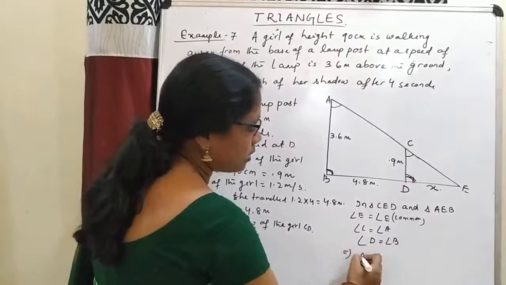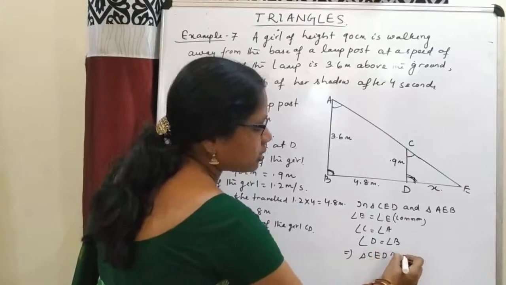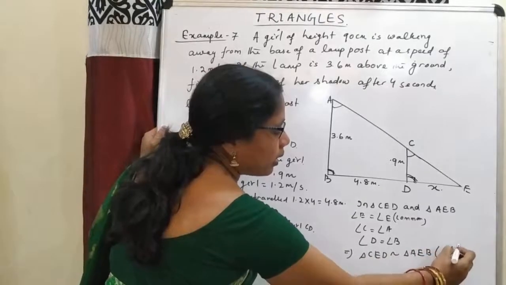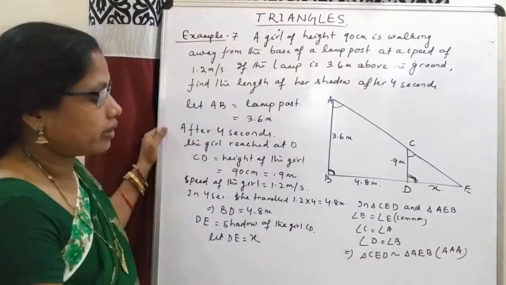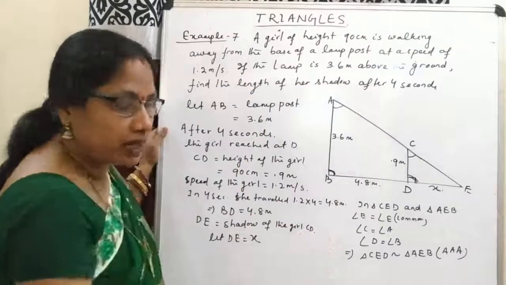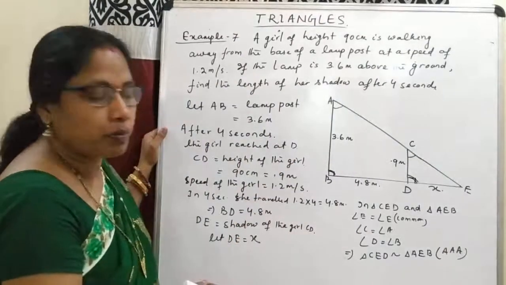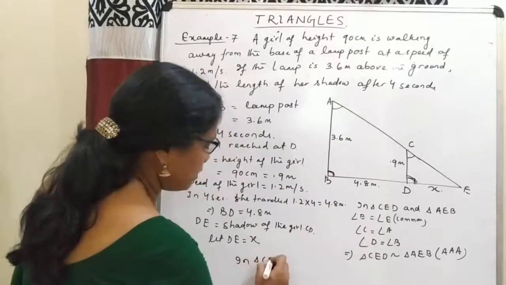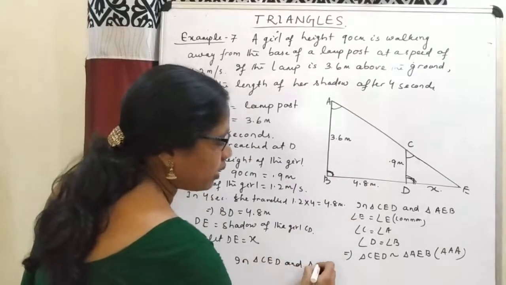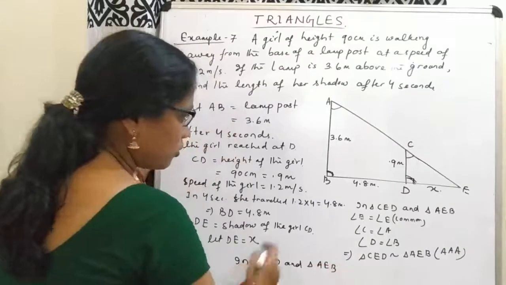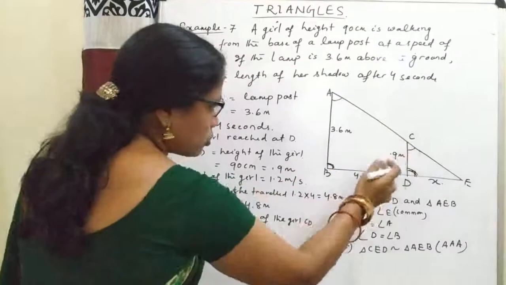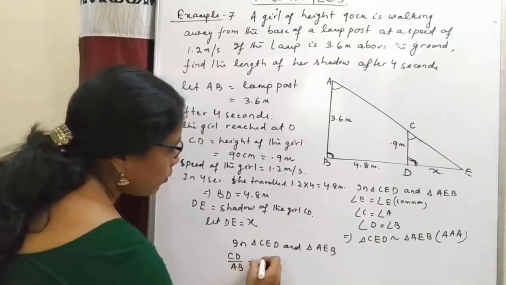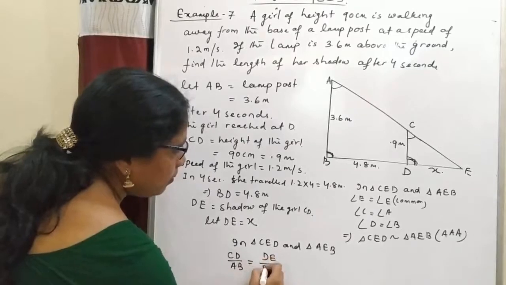So triangle CED is similar to triangle AEB by angle similarity criteria. If two triangles are similar, then their sides are proportional. So CD by AB will be equal to DE by BE.